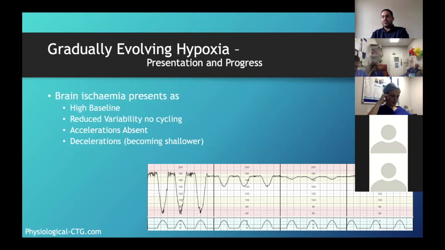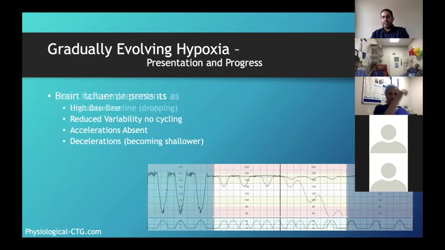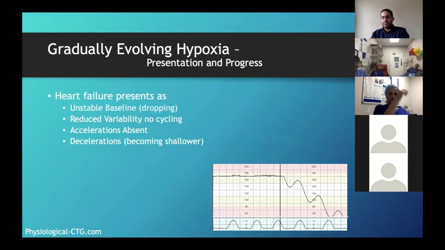And during the redistribution itself, we can't see anything else on the trace. There's nothing that we can see throughout the process of redistribution apart from a high baseline with deep decelerations. Until we reach the point of the brain becoming hypoxic, and then the responses start fading out and the variability starts going away. And then we go into heart failure.